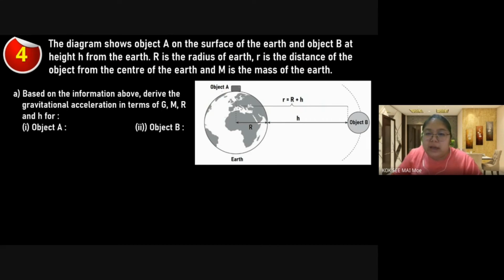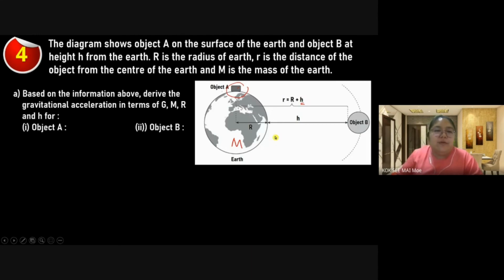Object A is on the surface, while B is already far away from the Earth. Capital R is the radius of the Earth, then h is the extra height. They are measured from the center of the Earth, and capital M is the mass of the Earth.